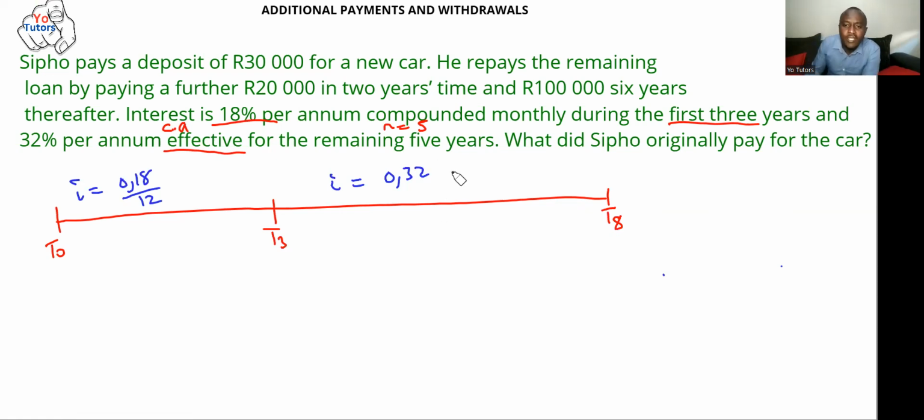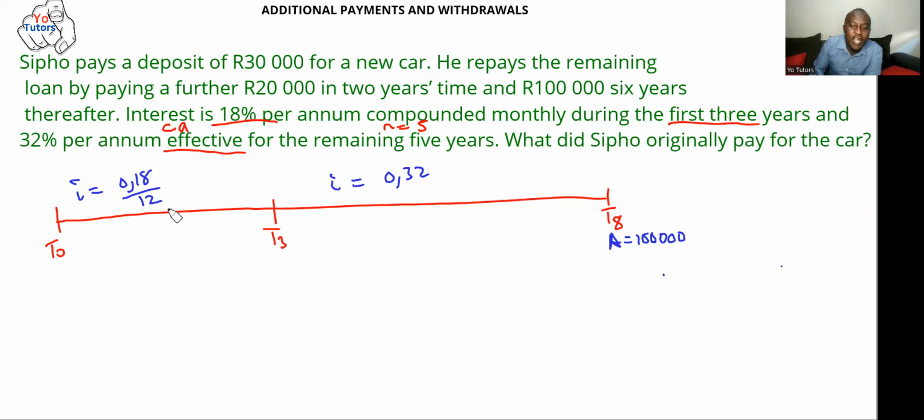Now, what do we need to do now? We know that we have paid accumulated amount there, let's look at that, accumulated amount there is 100,000. So we're having 100,000 accumulated at T8, paid after T8 there. Then you also have 20,000 paid after 2 years.